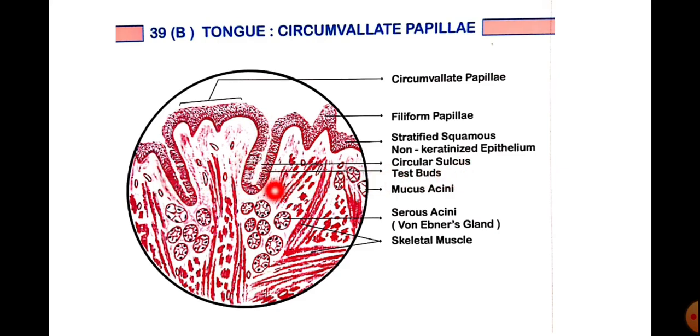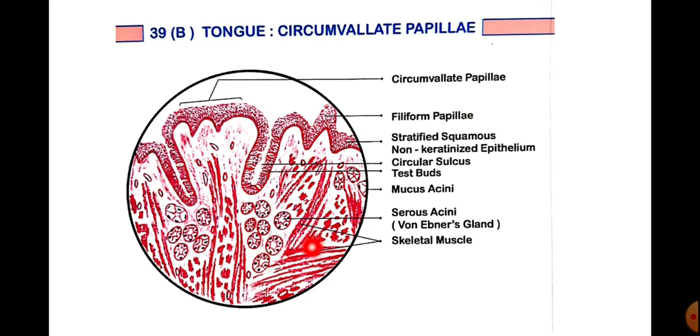In the wall of the circumvallate papilla, there is the presence of the taste buds. There are the number of mucous acini and the serous acini of von Ebner glands. Here these are the serous and the mucous acini of the von Ebner glands at the floor of this circular sulcus of the circumvallate papilla.